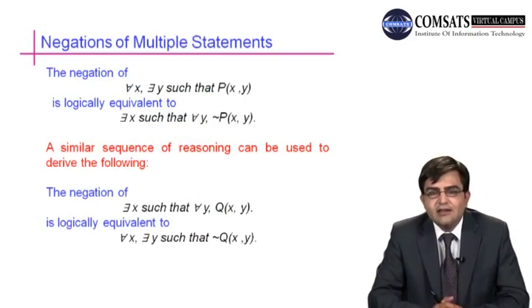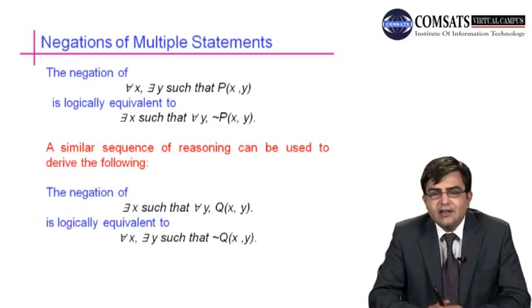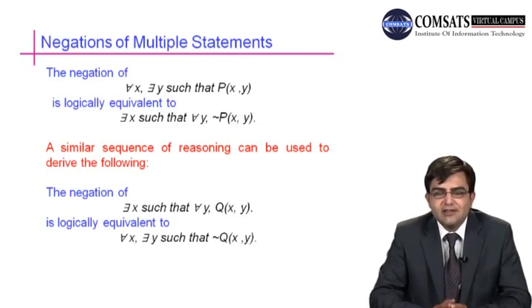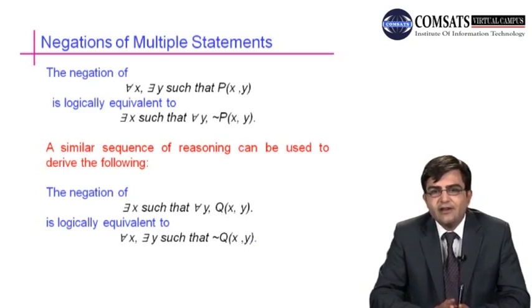Next we shall see the negation of the statements. In the last lecture we have seen the negations which involve only one quantifier, the existential or the universal quantifier, and we have seen that we convert the existential quantifier into the universal quantifier in the negation. Here we have statements which involve two quantifiers, existential and universal.